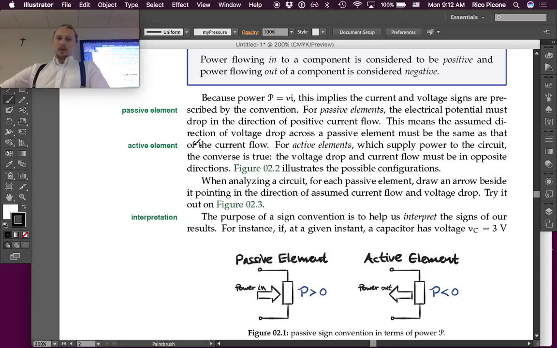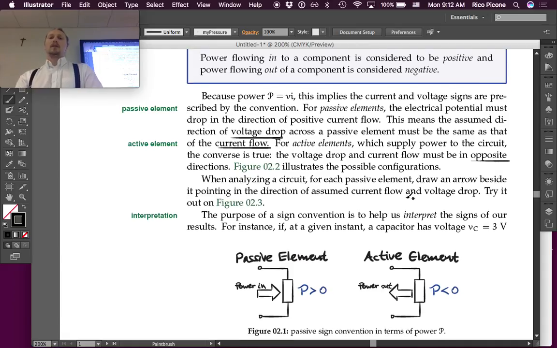This means the assumed direction of voltage drop across a passive element must be the same as that of the current flow. All right, for active elements, it's like the opposite, which supply power to the circuit. The converse is true. The voltage drop and current flow must be in opposite directions.